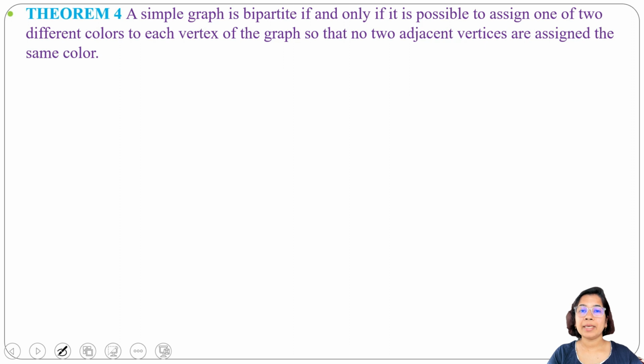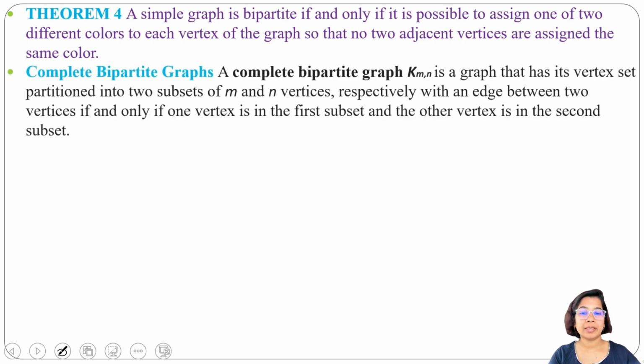Next is the complete bipartite graph. If one vertex is adjacent to all vertices of the other group, or you can say the other vertex set, then this is a complete bipartite graph. Now the definition: a complete bipartite graph K(M,N) is a graph that has its vertex set partitioned into two subsets of M and N vertices respectively.